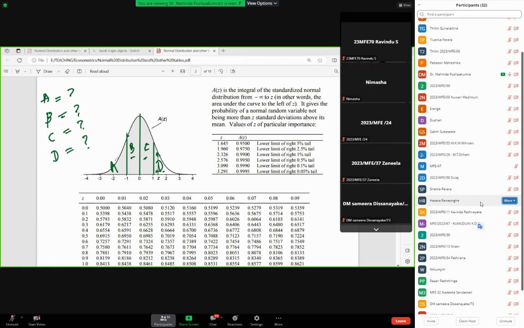Okay, then how to find probability related to A, B, C, and D? If you read 1, you have the answer.